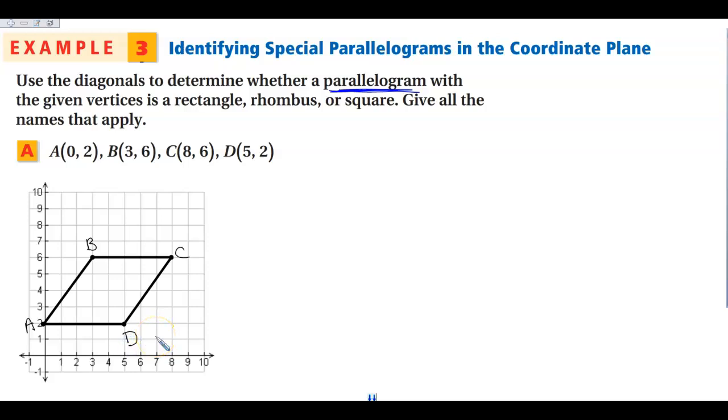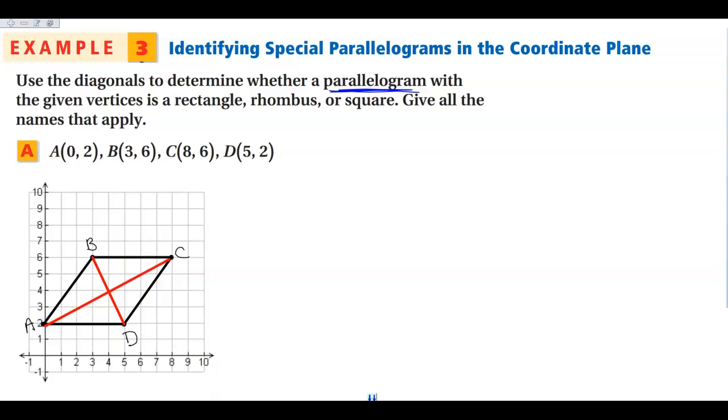Okay, so first things first, I'm told parallelogram, and I want to know whether or not I've got a rhombus or a rectangle, or neither, just a general parallelogram. So for rhombus, I'm just going to use my diagonals, because honestly, I think using your diagonals is probably one of the easiest ways to do this.